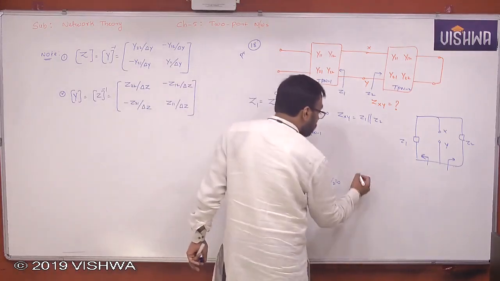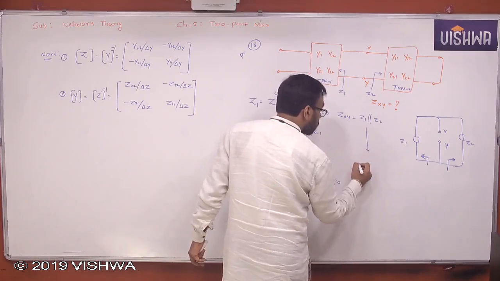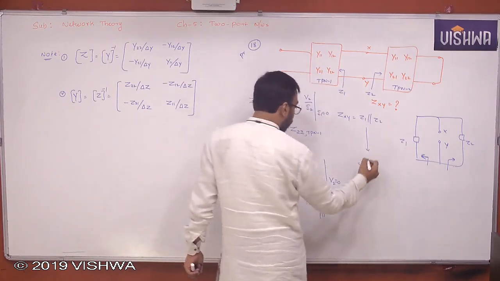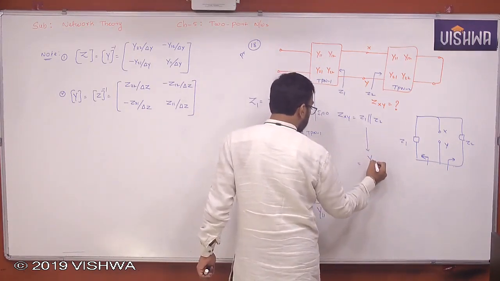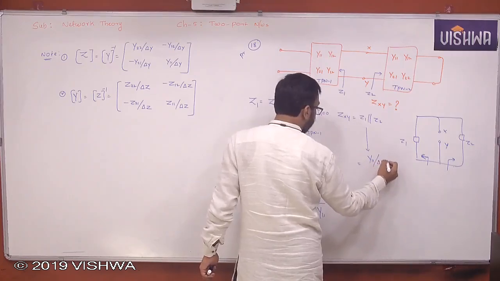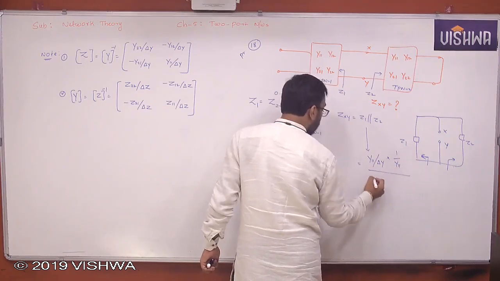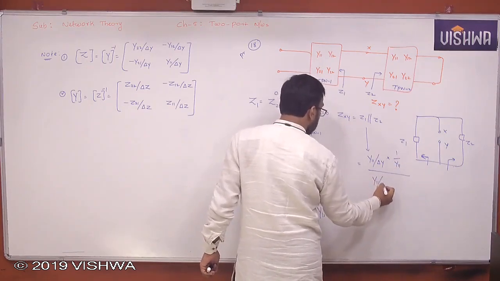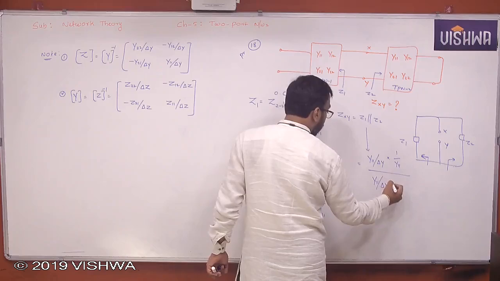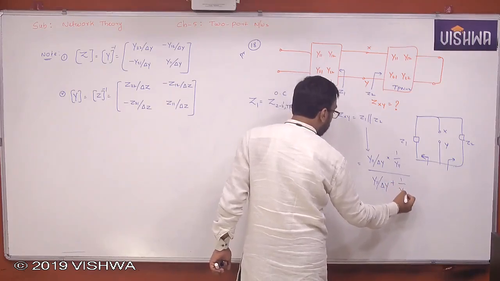So what is ZXY from this? Z1 into Z2 divided by Z1 plus Z2, that is nothing but Y11 by del Y into 1 by Y11, divided by Y11 by del Y plus 1 by Y11.